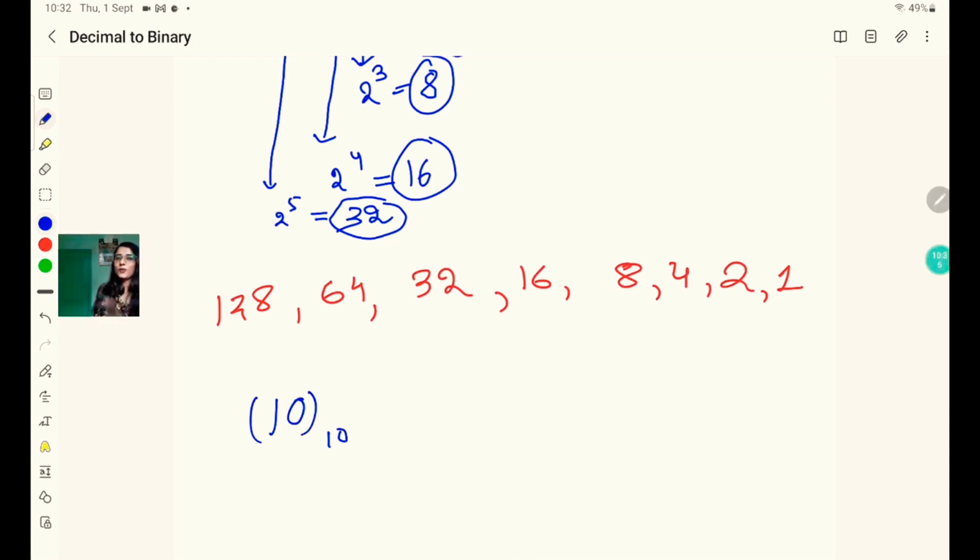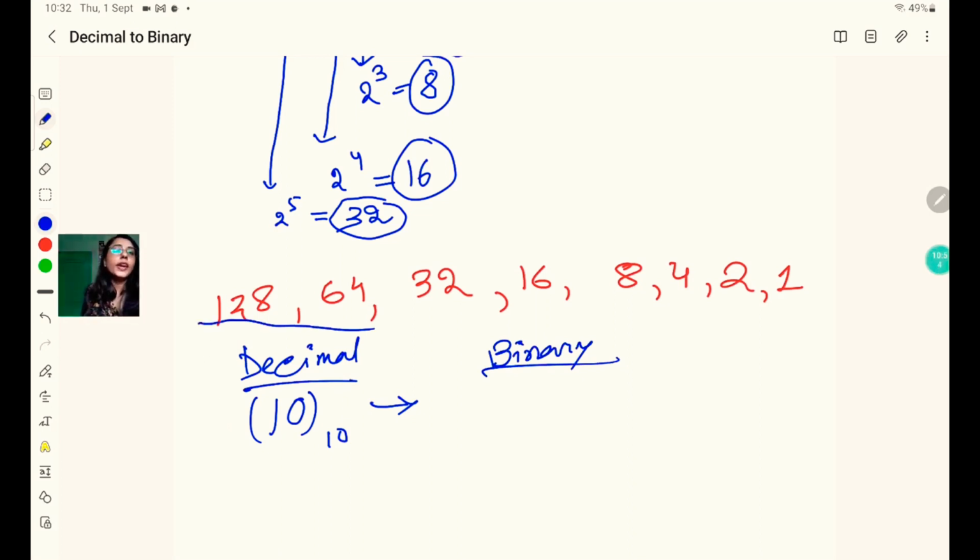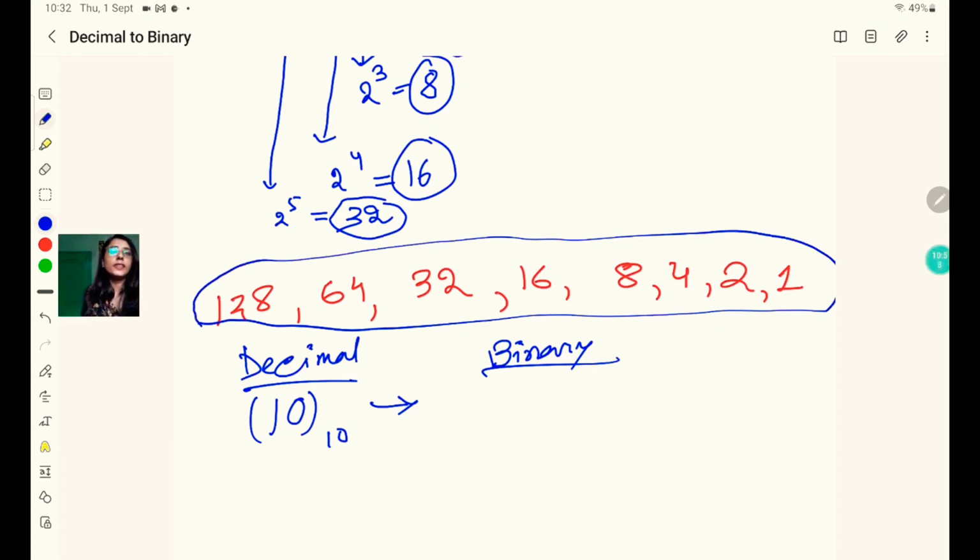So this is not 10 in binary, this is 10 in decimal. If I want to write it in binary form, what will I do? Construct this 10 with these numbers. Yes, this is the main trick of this video, the main part of today's video.